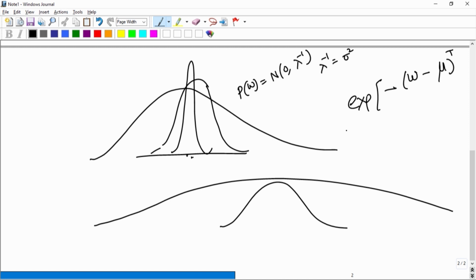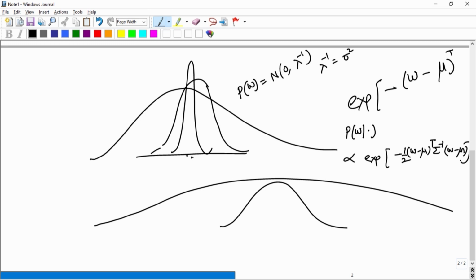So the basic idea is that if I'm trying to compute the posterior distribution over W given everything else, it will be a Gaussian, and the form will be proportional to exp of minus half (W minus mu) transpose sigma inverse (W minus mu).